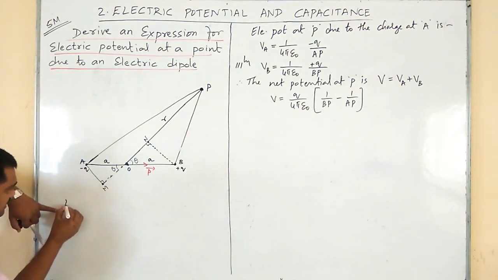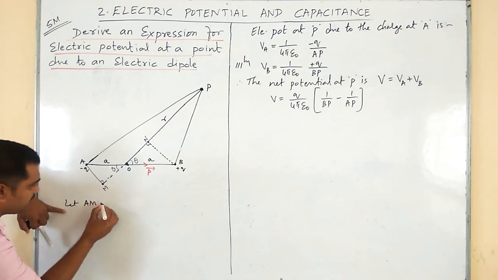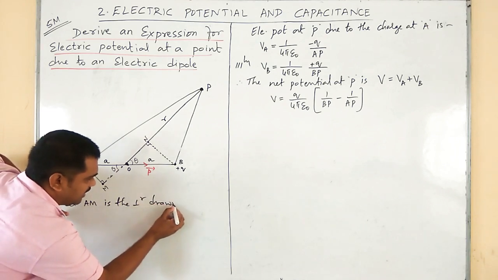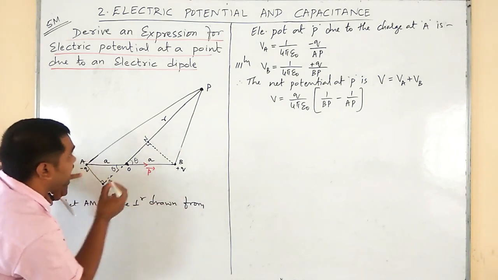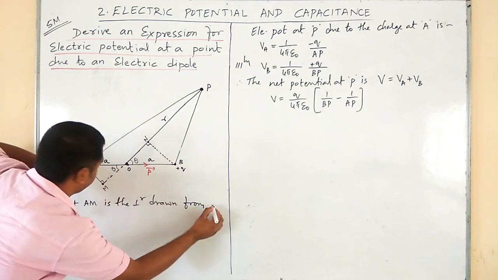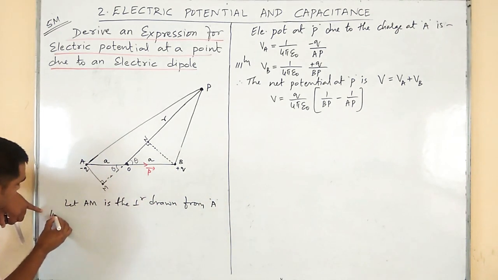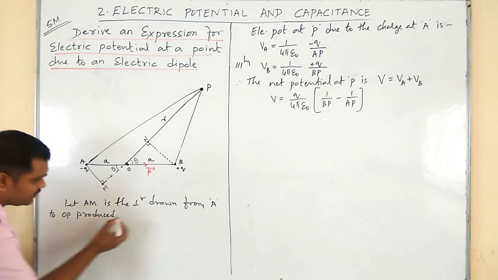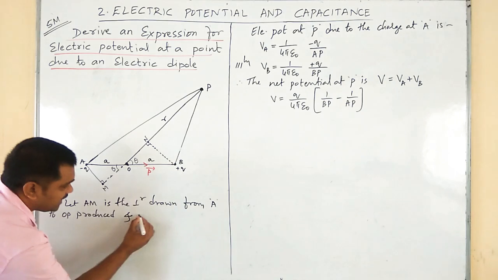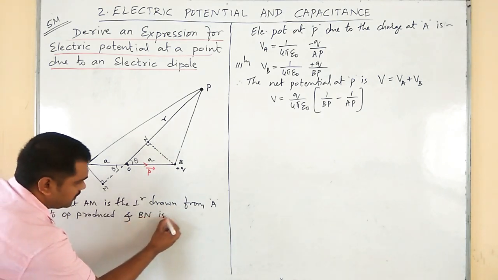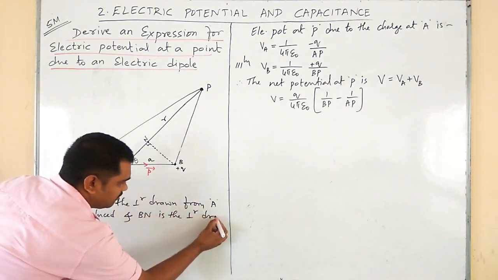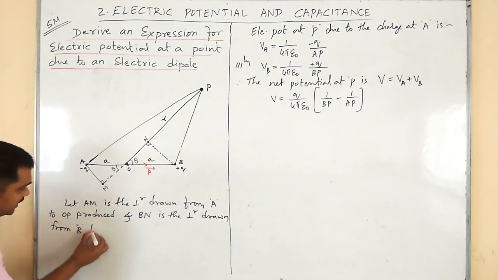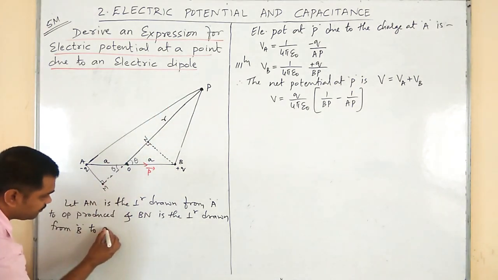See, let AM be the perpendicular drawn from A to OP produced. And BN is the perpendicular drawn from B to OP.